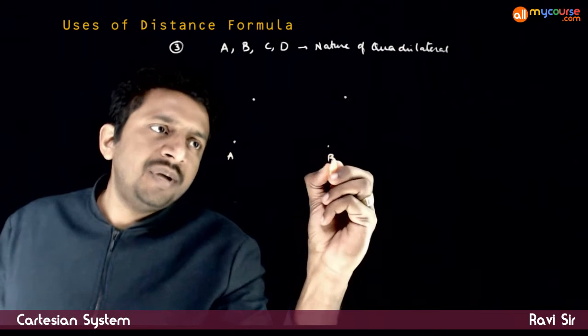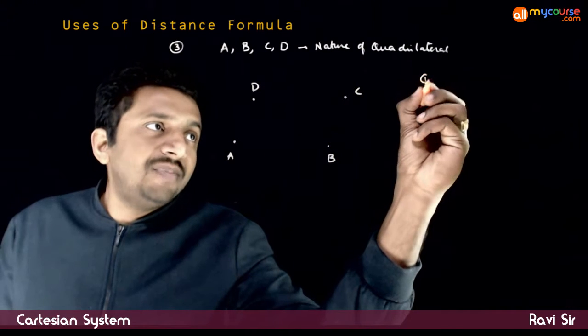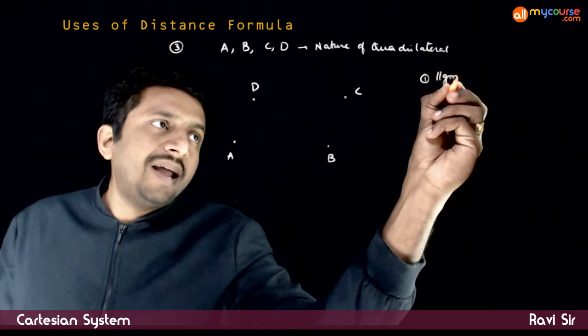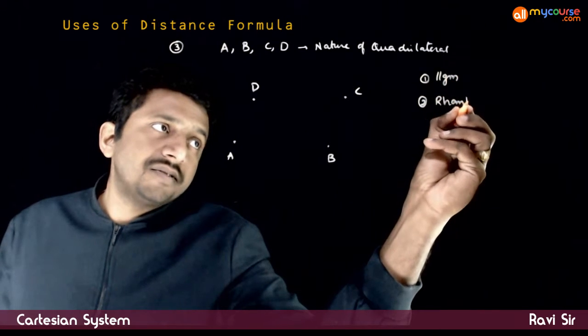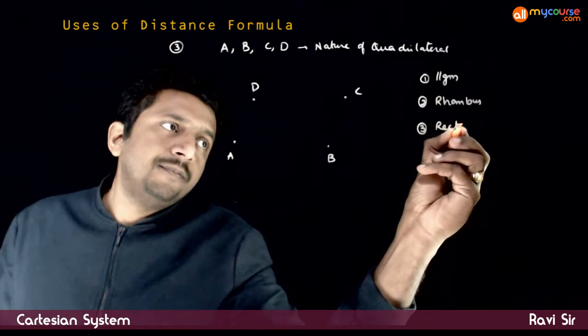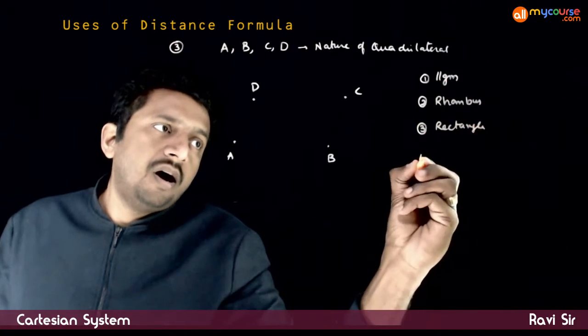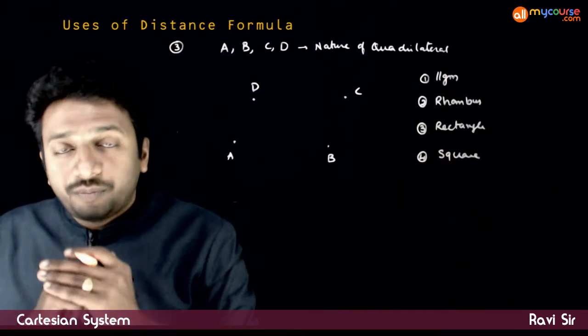You can determine whether A, B, C, D forms a parallelogram or a rhombus or a rectangle or a square using just distance formula.